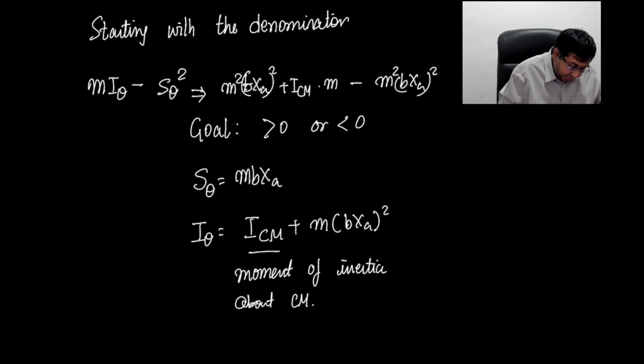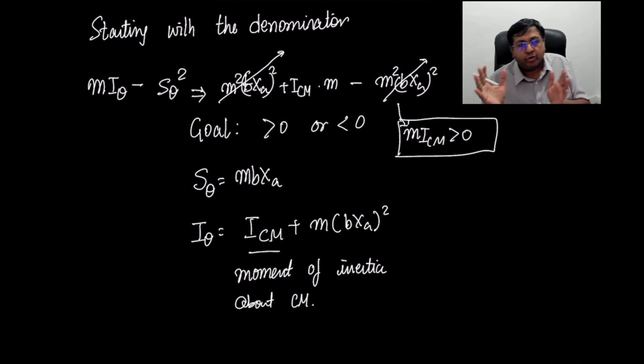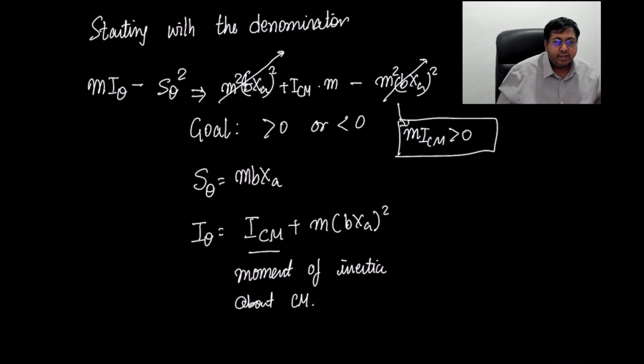If I take both of these out and cancel this, I am left with m into I cm, and this is greater than 0. Mass is greater than 0, and the moment of inertia about the center of mass is greater than 0. That means the denominator itself is greater than 0.